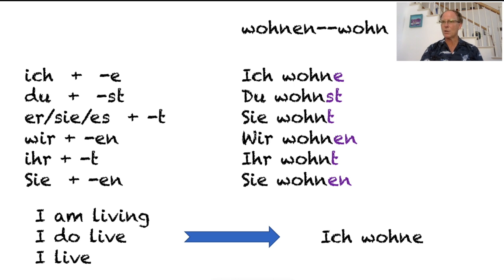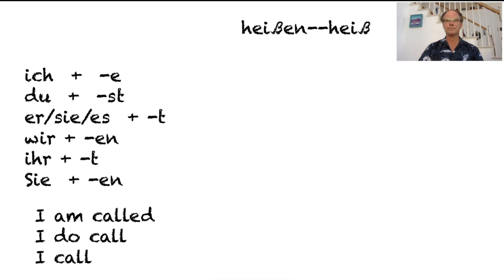Now, the same thing goes for the verb to be called, or heißen. Take the verb stem of heißen, heiß, and if you want to say I am called, I do call, or I call, as in a name, as in I am called, not to call on the telephone. If you want to say I am called, you add the E ending to the verb stem, heiß.